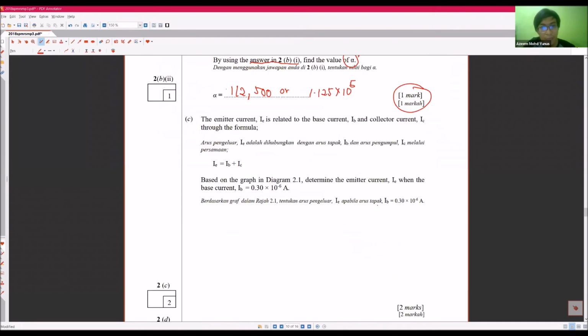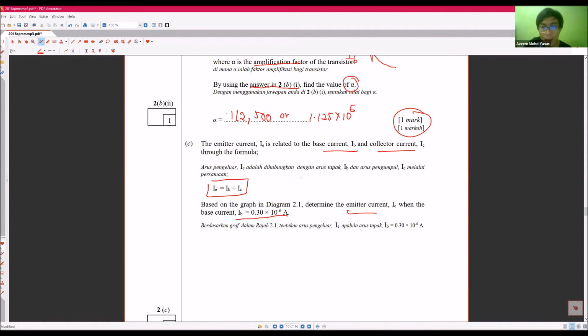Next, the emitter current IE is related to the base current and collector current through the formula here. Based on the graph in diagram 2.1, determine the emitter current when the base current is given. So how are you going to do that? We have to use the graph. From IB, we can find IC.